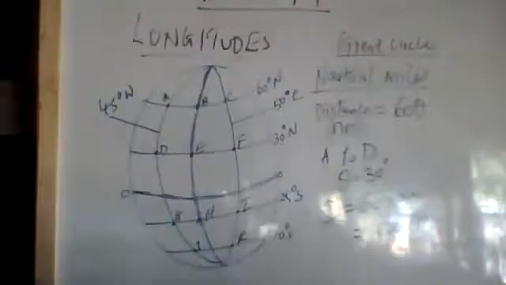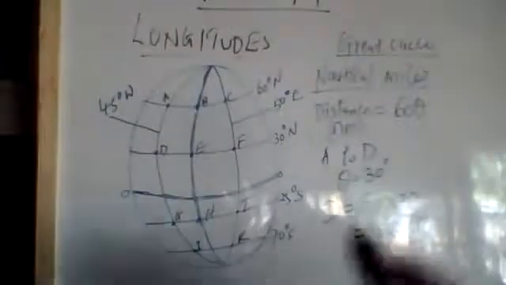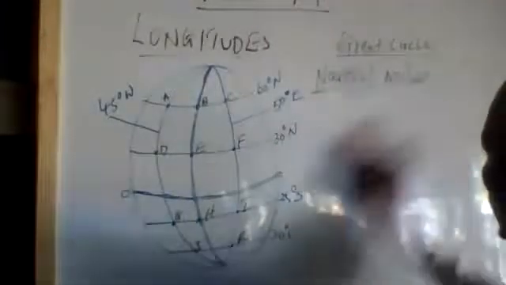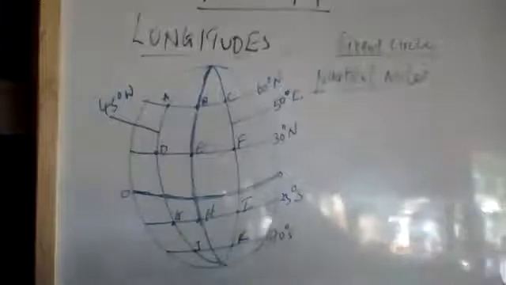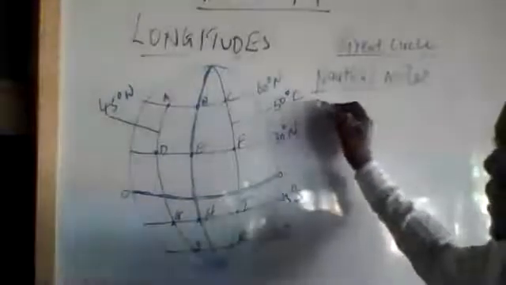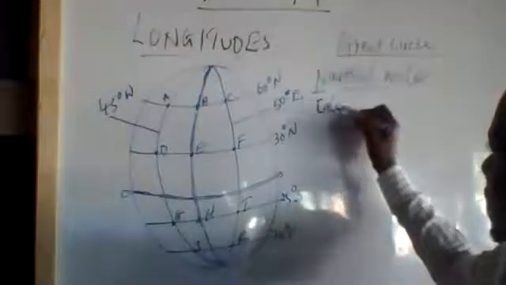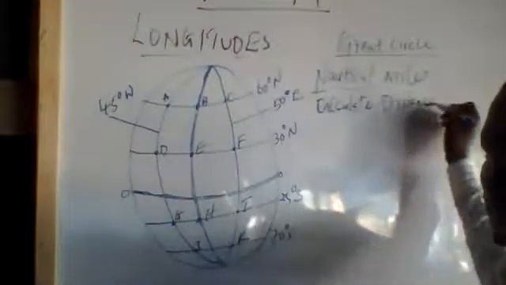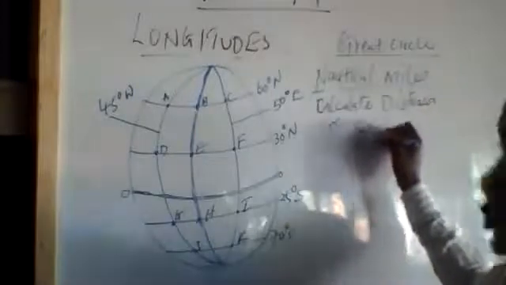Now, I want to give you some few questions. In terms of nautical miles, I want you to do the following. Can you try to do this? Calculate the distance in nautical miles.